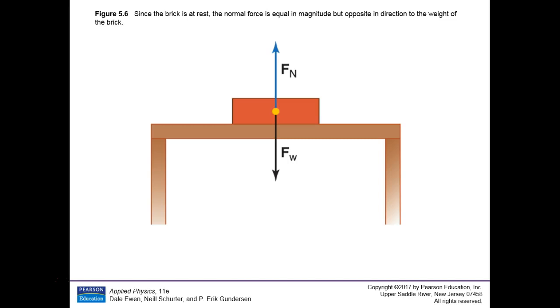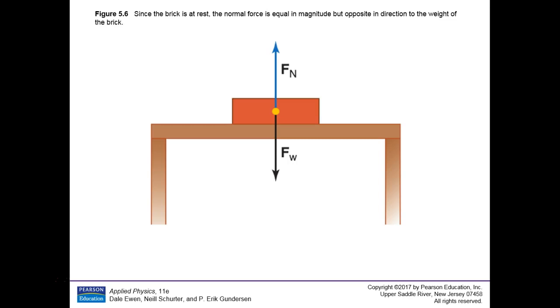So, if the brick is sitting on the table and not moving, that means gravity is certainly pulling down with the force of its weight, mg, whatever that happens to be for the brick, whereas the table is pushing up with an equal but opposite normal force. That's what gives it zero acceleration.